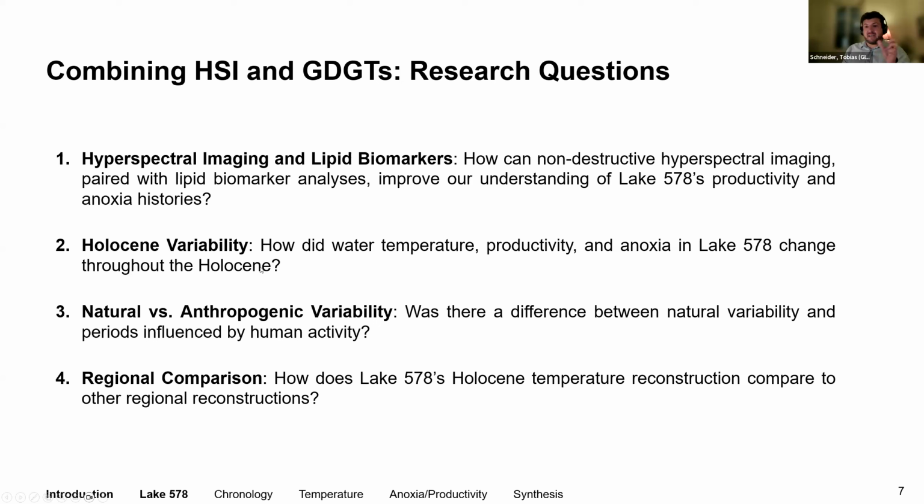Particularly, how did anoxia and temperature and productivity co-vary? And whether we see differences in natural versus anthropogenic variability through the Holocene, and of course also how the reconstruction from Lake 578 compares in a regional context.